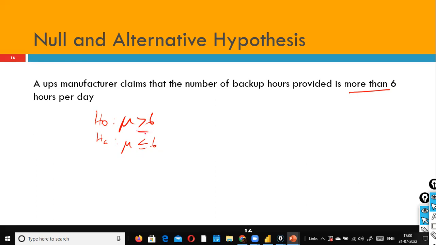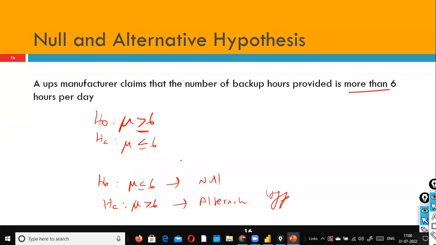Okay, since they have mentioned already more than, we can also rewrite something like this. Mu is less than or equal to 6, and H sub A is mu greater than 6. We can say this way also. This is my null hypothesis. This is my alternative hypothesis.